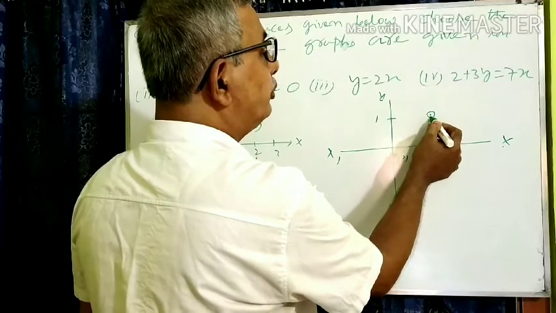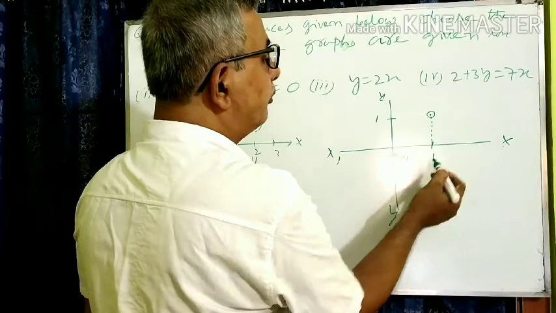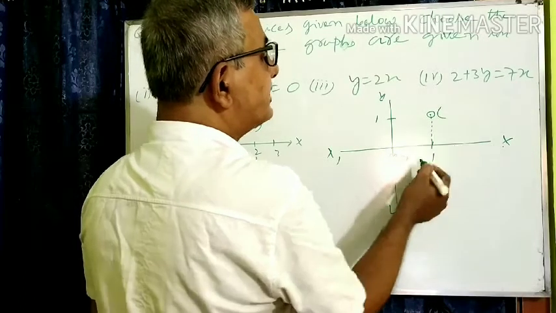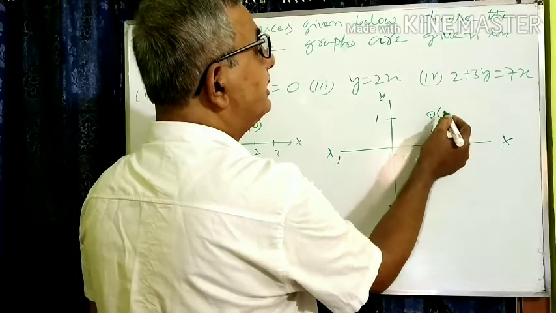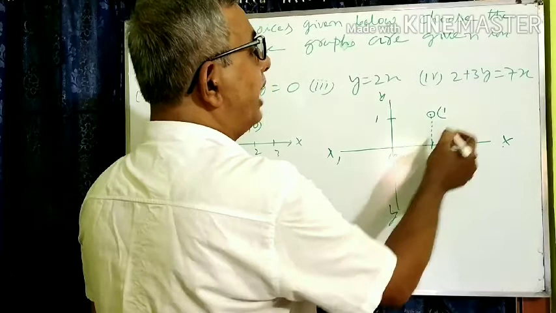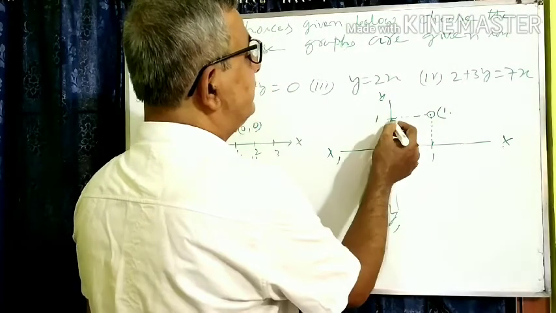Here you see, the point is here. From here you draw a perpendicular. This perpendicular comes to join on 1. So the x value is 1. The first coordinate is the x coordinate. And the y coordinate is also 1.